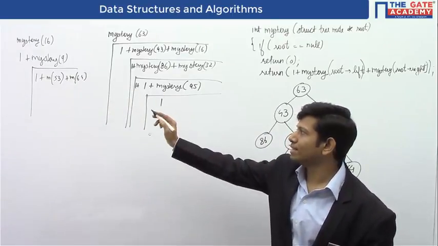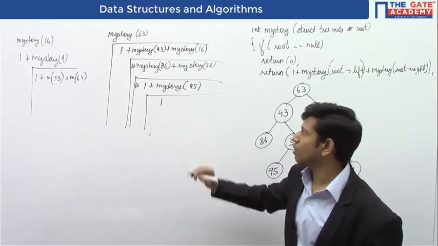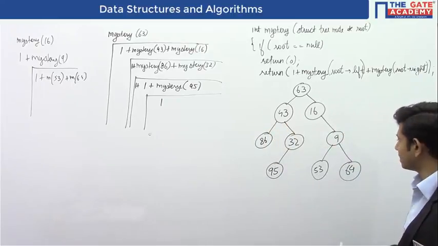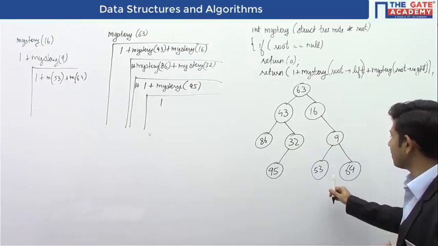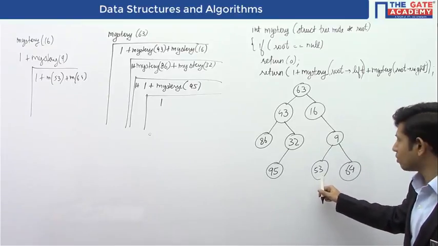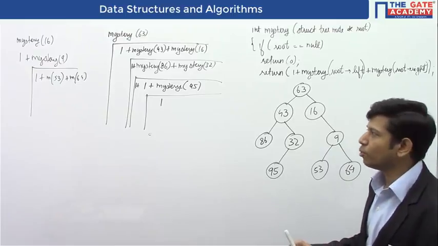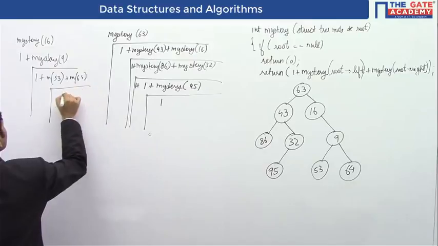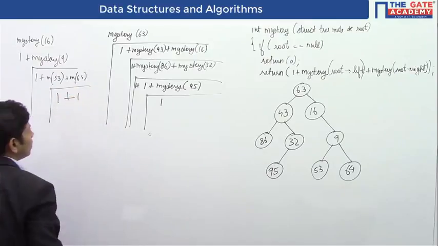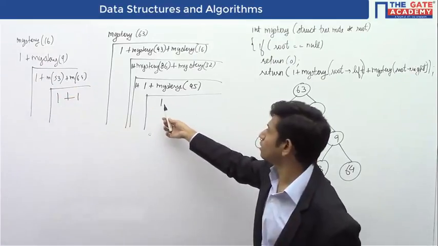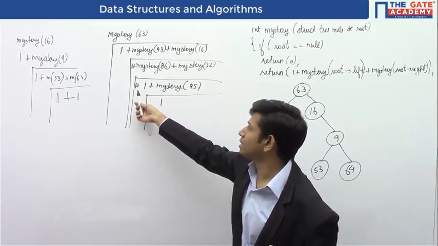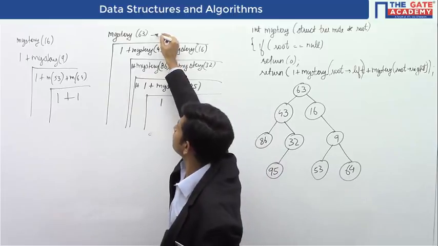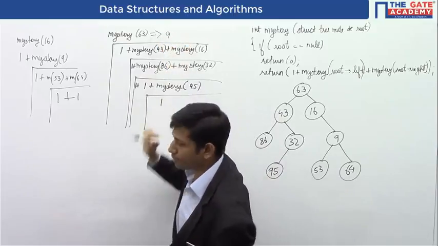It will call 1 plus mystery of 53 plus mystery of 64. Now let's see the function calls for 53 and 64. Since there is no child of 53 and 64, they both will only return 1. So this is how we add: 4 plus 1 is 5, 5 plus 1 is 6, 6 plus 1 is 7, 7 plus 1 is 8, 8 plus 1 is 9. So the answer for this will be 9.